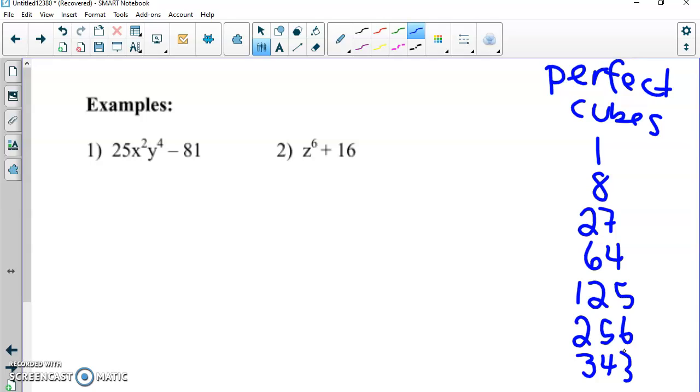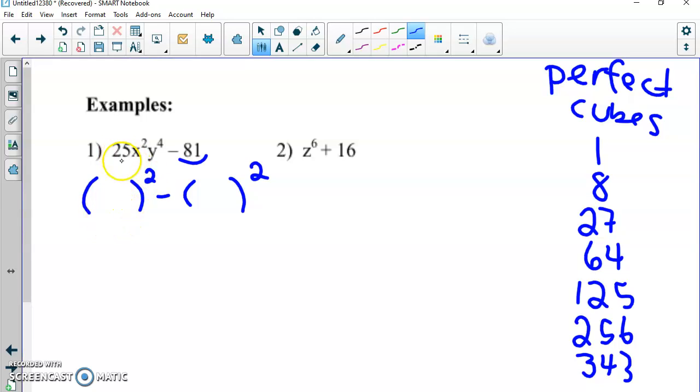When we see two terms, we want to think, is it a cube or is it going to be squares? In this case, the coefficients in number 1 help us out. When I see a difference of perfect squares, I write out each of the terms as their base being squared.